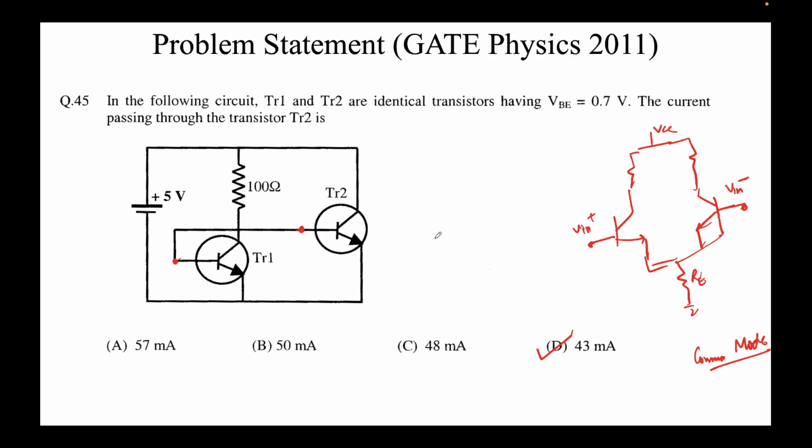Clear, sir. Okay. Now if you have any specific doubts on BJT or electronics in particular, you can ask me, because now I'm going to switch to mathematical physics. I have a couple of questions from the residue theorem, because that's one of the favorite questions asked every couple of years, where they give a complex function to integrate over a closed loop, and you are required to find the integral using the Cauchy residue theorem.